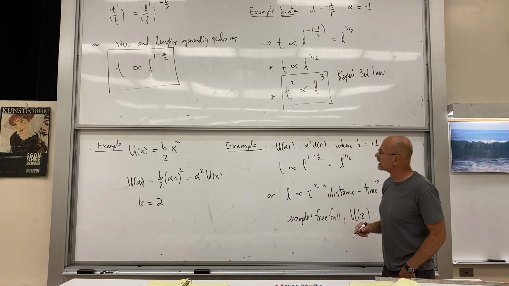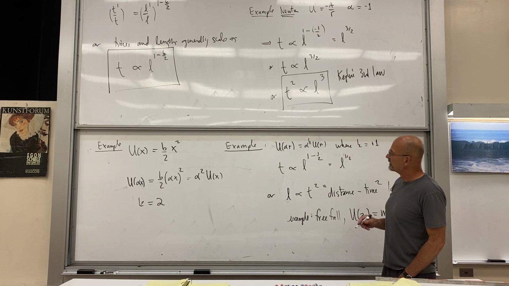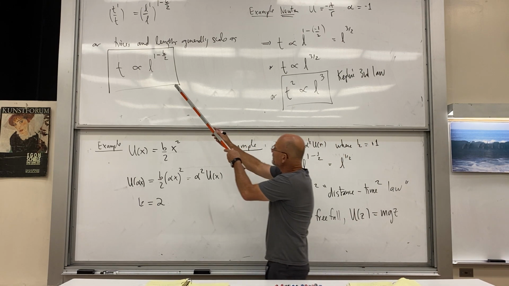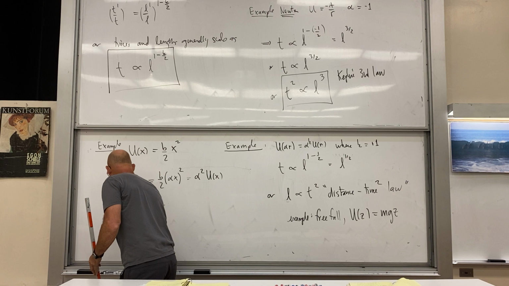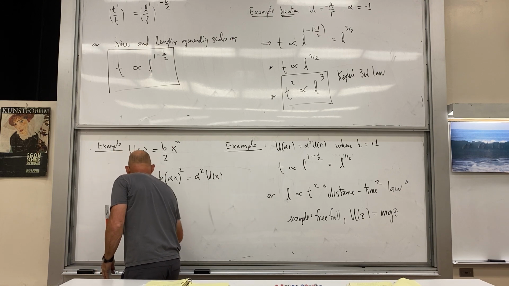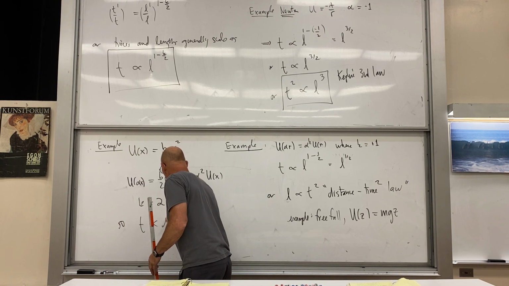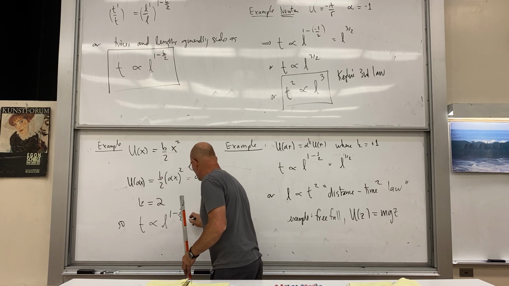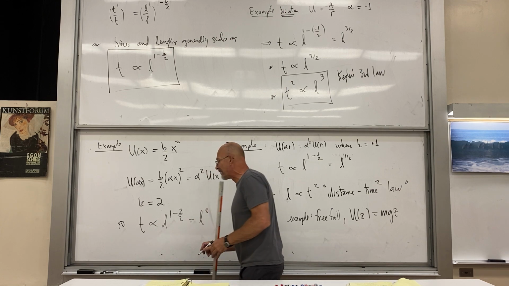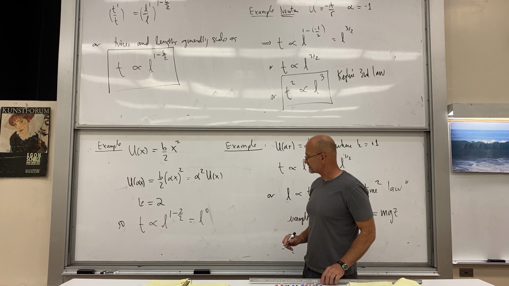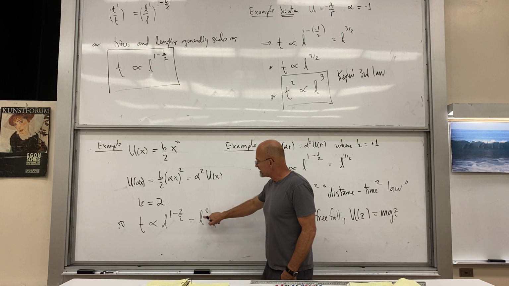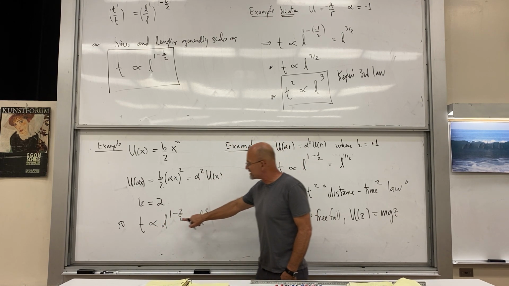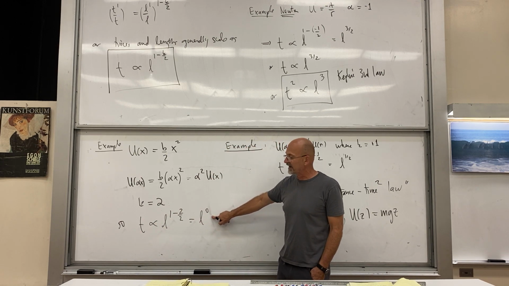This one's actually a really interesting result as well. So K is equal to 2, and we're going back into this expression right above here. So times and lengths, so T goes as L to the 1 minus 2 over 2, which is L to the 0th power. So times go as L to the 0th power, which means the times are independent of the length.